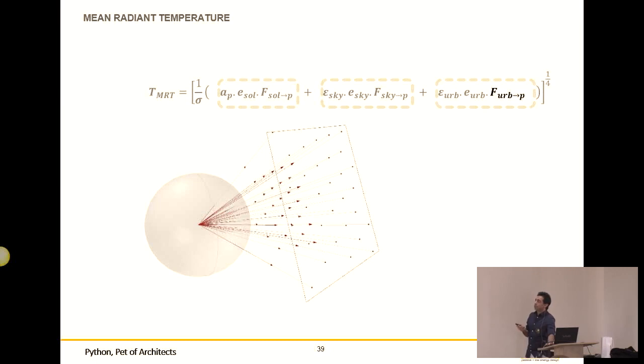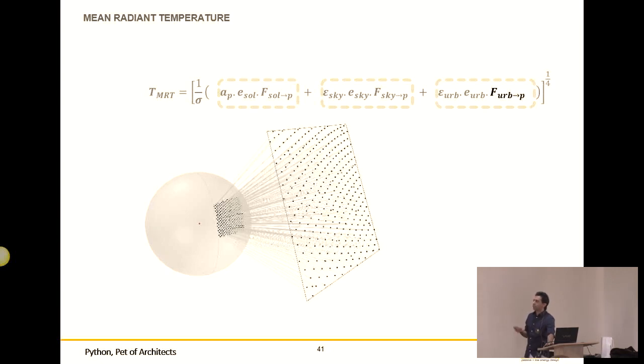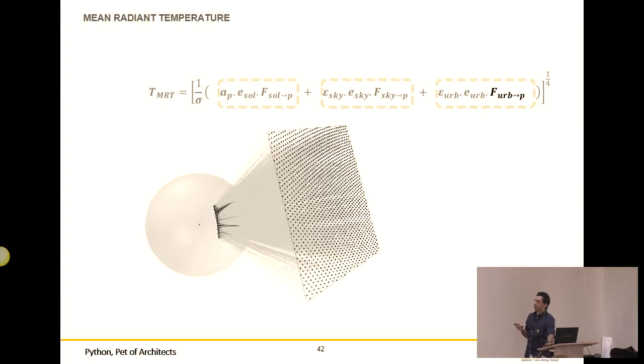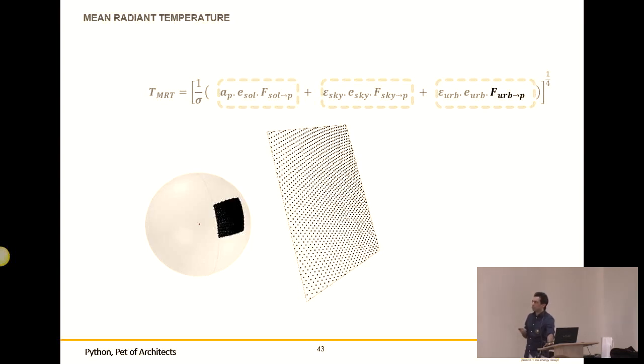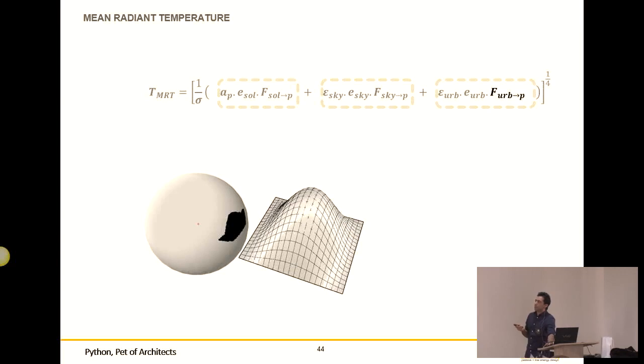If a ray hits a surface, we get the information on the sphere. By increasing the density, we get better results. Then we can project each surface on a sphere, and it's possible to do it for very complicated geometries.